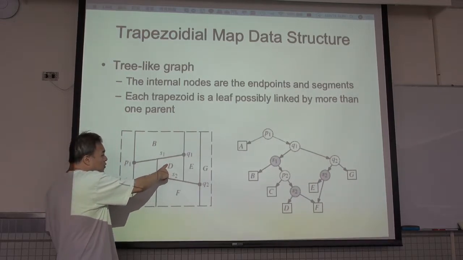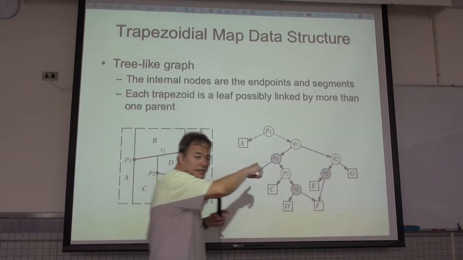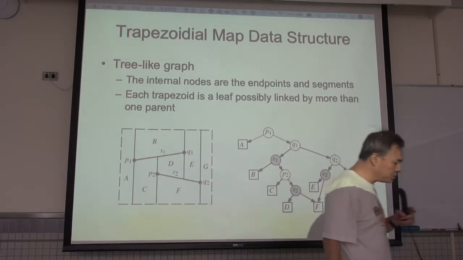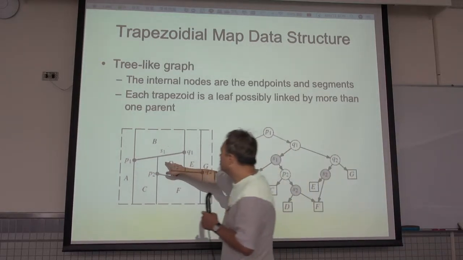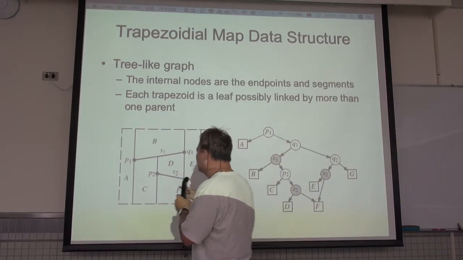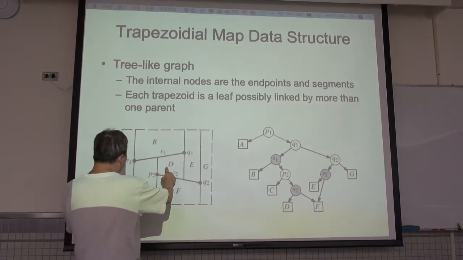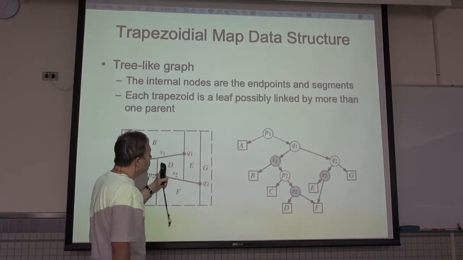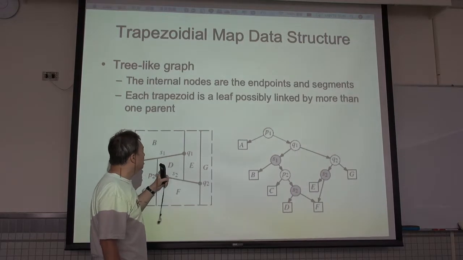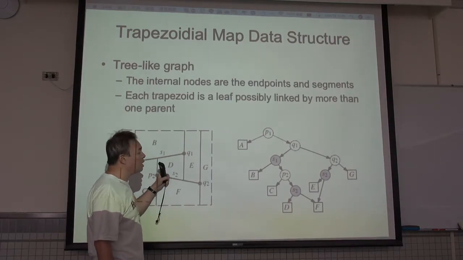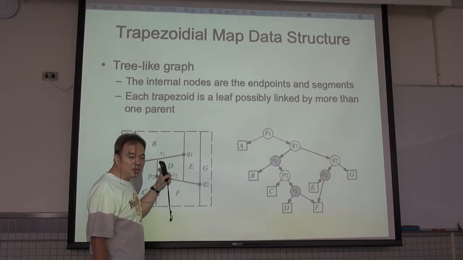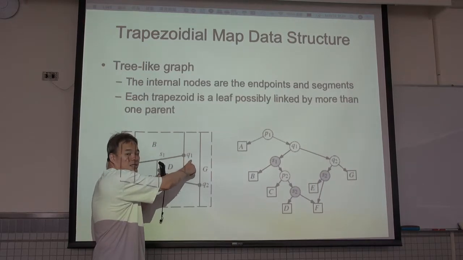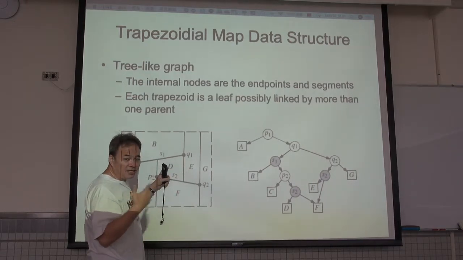So you go to the right subtree. Then you are going to see Q1. When you see Q1, you compare this point with Q1. Is this point on the left side or right side of Q1? Q1 is here, so it's on the left side, right?